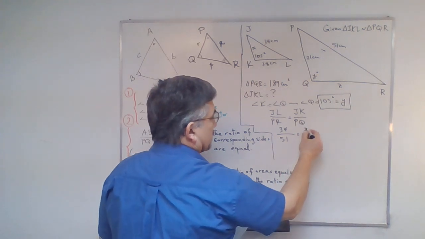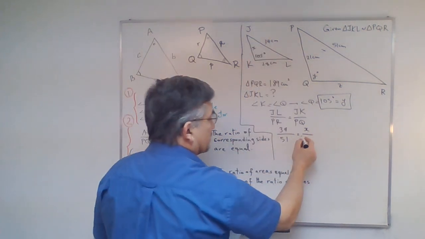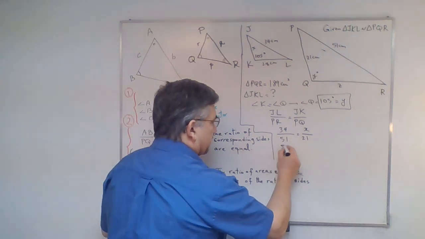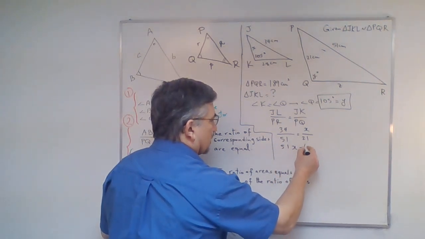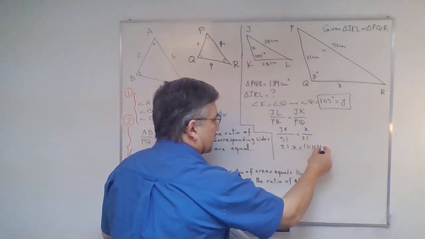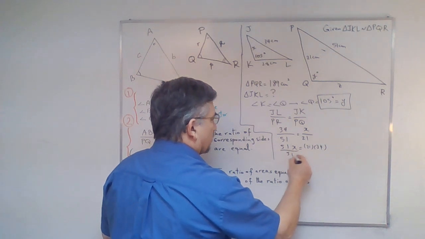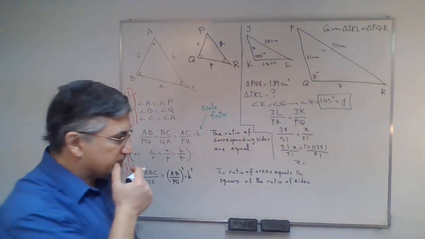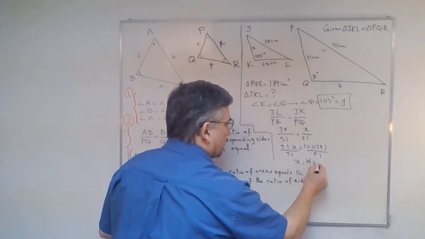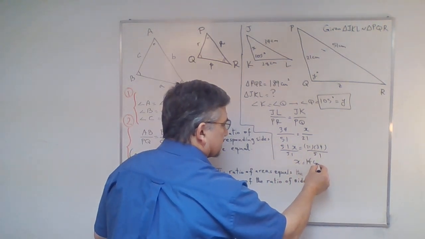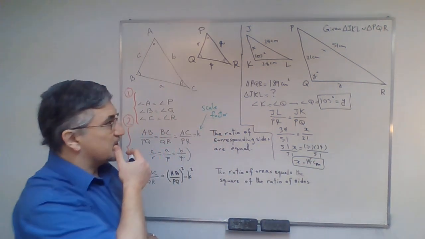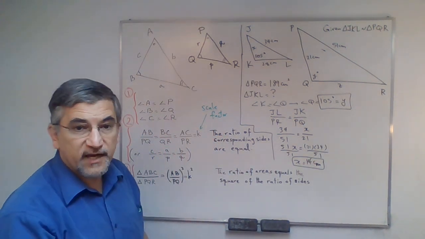JK is X, which we're trying to find. PQ is 21. So by a simple cross multiplication, 51X equals 21 times 34. We divide both sides by 51. And using your calculator, of course, X becomes 14 centimeters. Okay, so 14 centimeters is the value of the unknown X we were supposed to find.